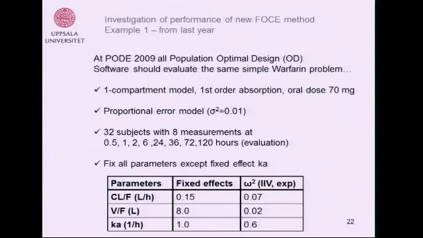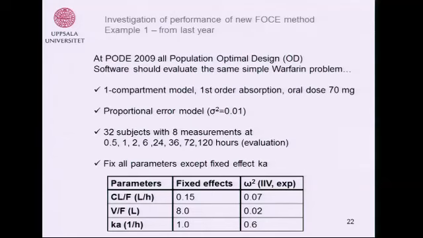So again, it's the same example as before. We evaluated this warfarin problem in PODE 2009. It's just a one compartment model with first order absorption, and we had a proportional error model and a fixed design, 32 subjects, 8 measurements, and we saw that actually the largest difference was in the fixed effect Ka parameter.